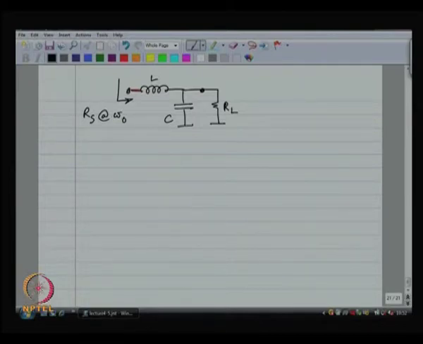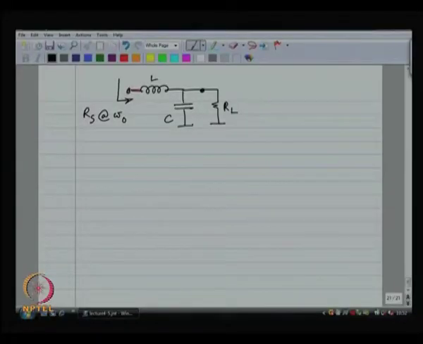Okay. And the derivation for this is also quite trivial. You just have to transform R in parallel with C to R in series with C. The value of C is not going to change much. The value of the resistance is going to go down by 1 plus q squared.